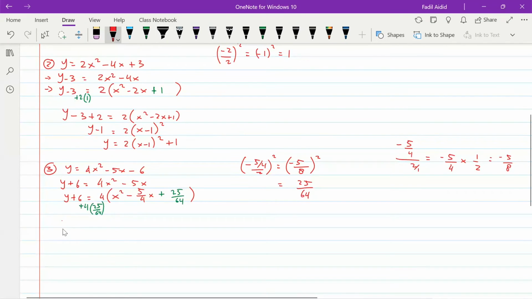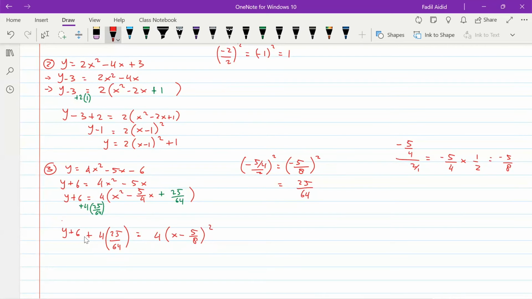So it's going to be y plus 6 plus 4 times 25 over 64. And then on the right side is 4. This one becomes x. In the bracket before we square, it's minus 5 over 8. So it's right in here, minus 5 over 8, close bracket squared.